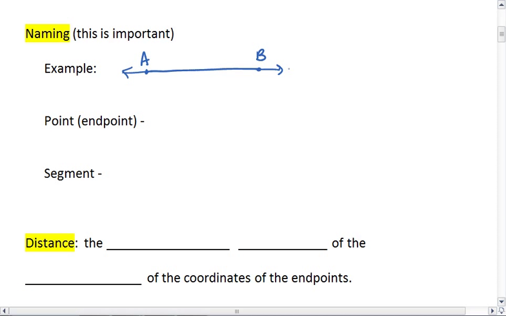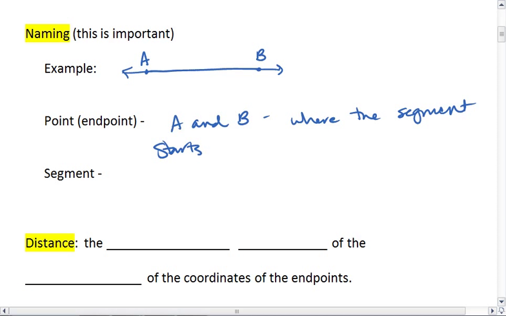And these are going to be the 2 points that define where the segment starts and where it ends. So here, our endpoints are A and B, and it is where the segment starts and ends.